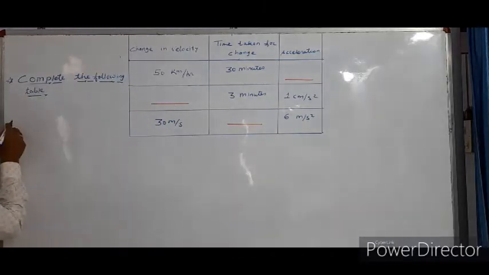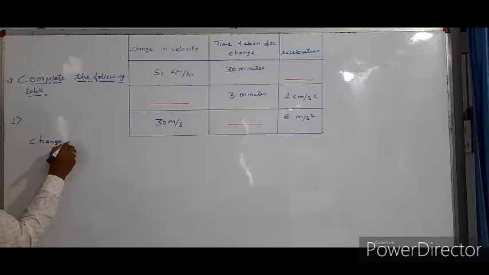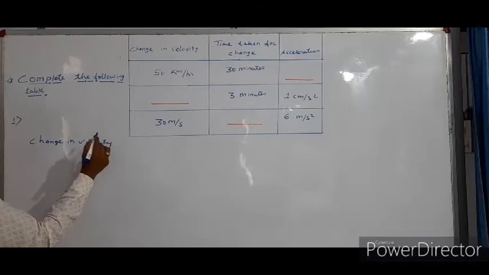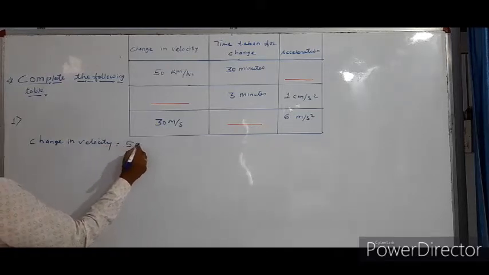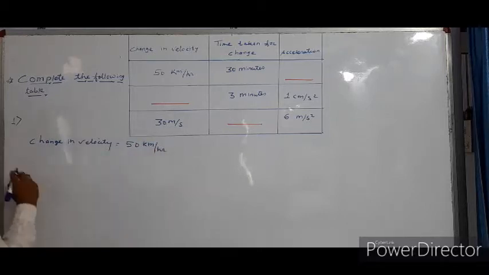First, what is given to us? Change in velocity is given, 50 km per hour.